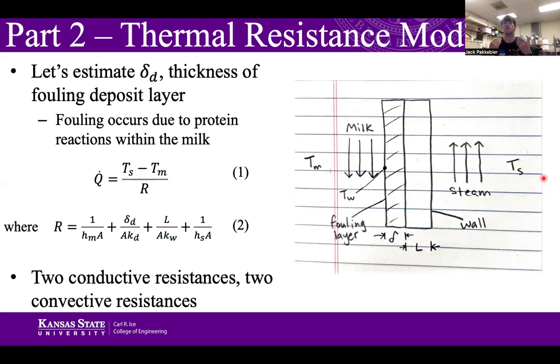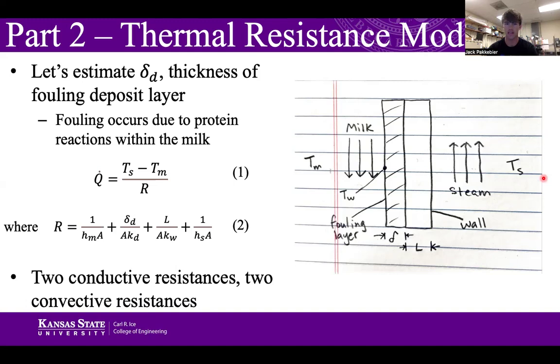So milk being a food-based product and containing protein, when these proteins are exposed to higher than normal temperatures, they can have protein reactions within the milk, and this can result in a fouling, which will result in a deposition layer on top of the heat transfer equipment.